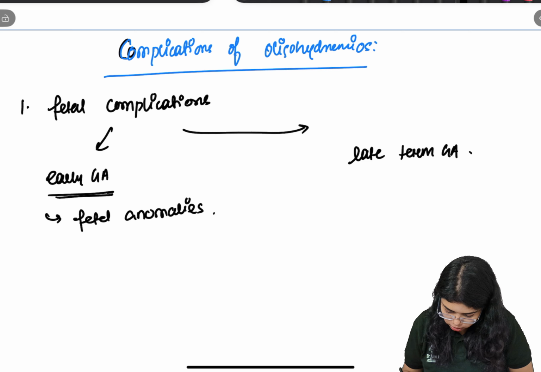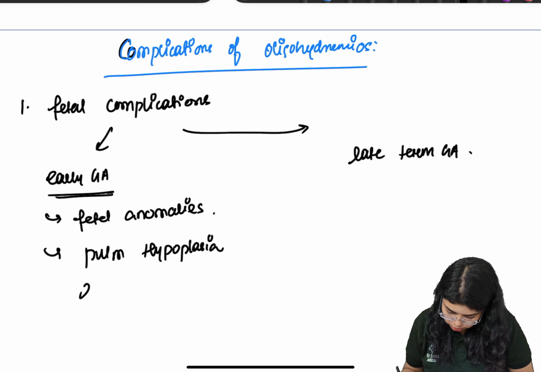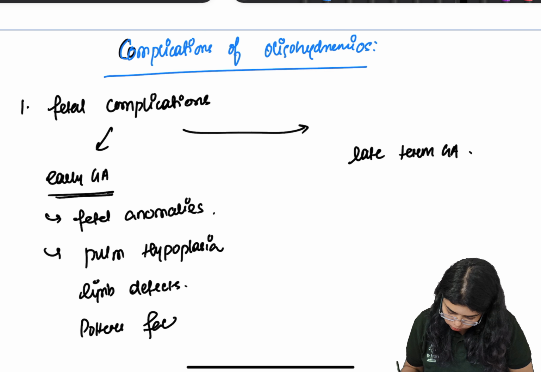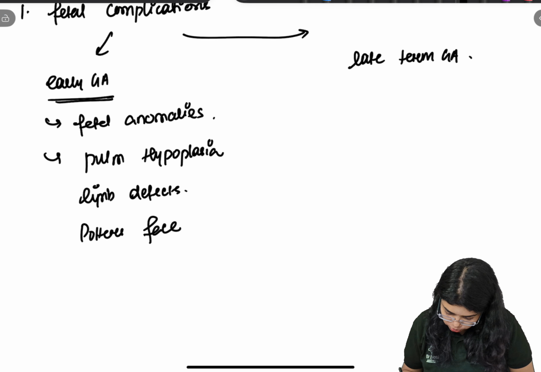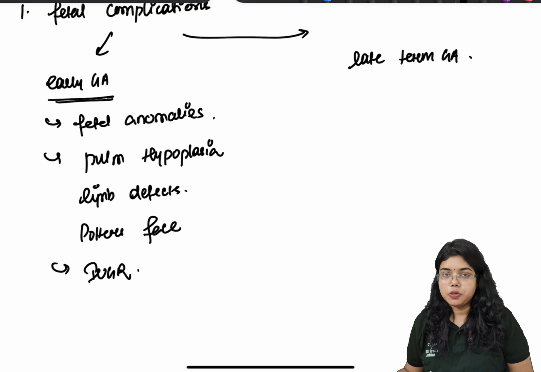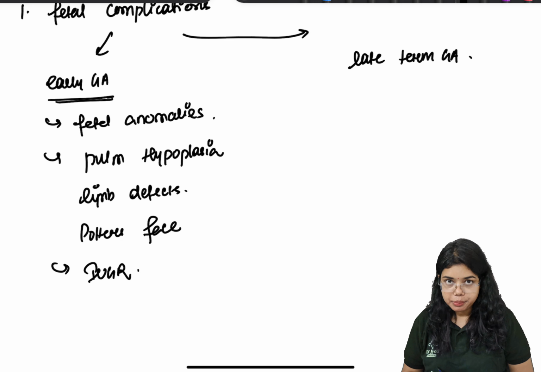There occurs pulmonary hypoplasia, limb defects, Potter's face. And also in early it can lead to IUGR. Okay, due to uteroplacental insufficiency, there occurs IUGR, and also simultaneously oligohydramnios may occur.